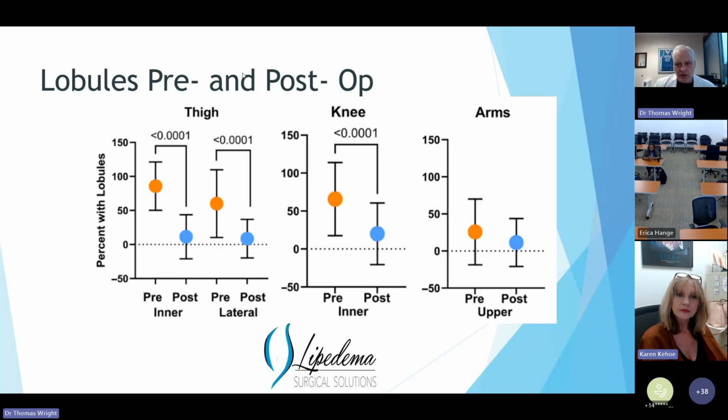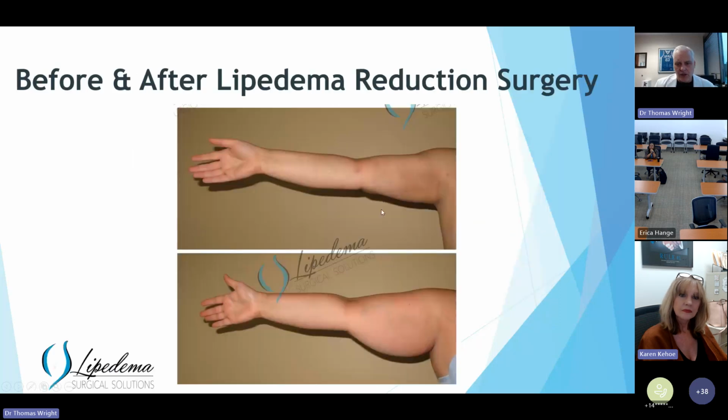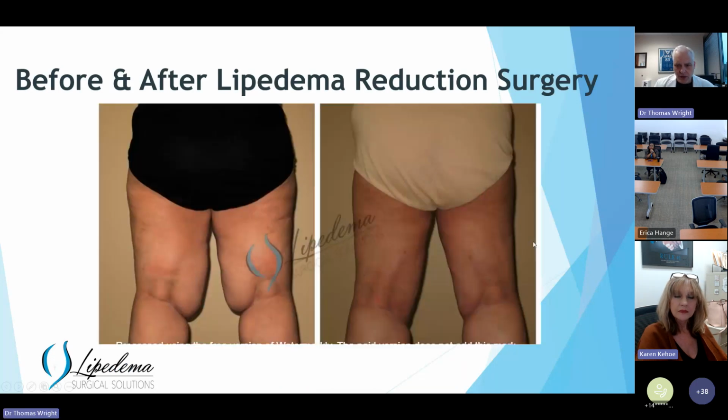Knee lobules decreased, and arm lobules decreased highly significantly. So this is an example of a lobule before and the lobule gone after surgery. Here's a knee lobule before and a knee lobule after. And you don't have to be a doctor to see how this lobule can interfere with their mobility.